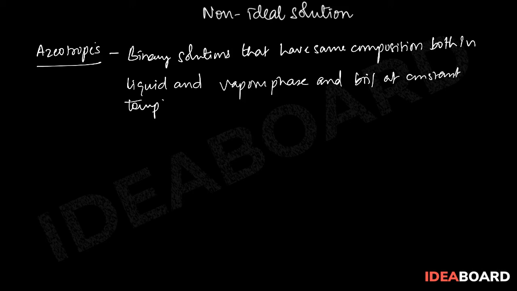This can occur only at a specific composition. There are two types of azeotropes, as we have already seen: minimum boiling azeotrope and maximum boiling azeotrope.